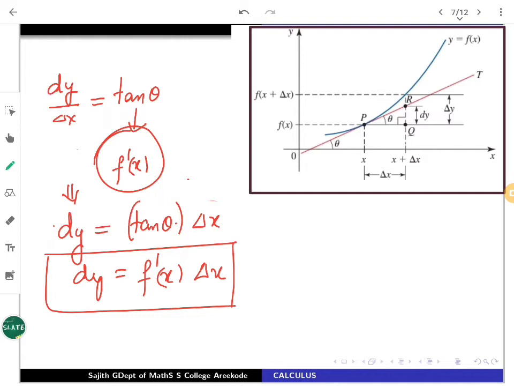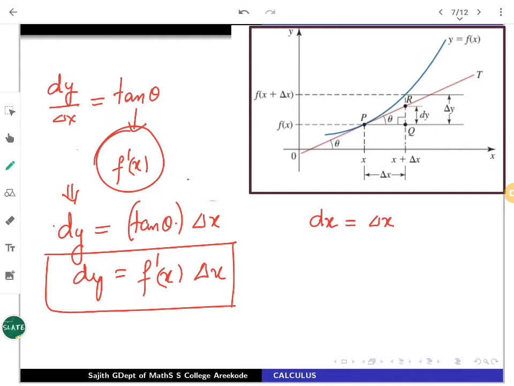That is what we are going to call dx. So we define dx, which is called the differential of x, and it is simply delta x. You have no freedom on that. It is an independent quantity, simply the increment of x, with no change in it.